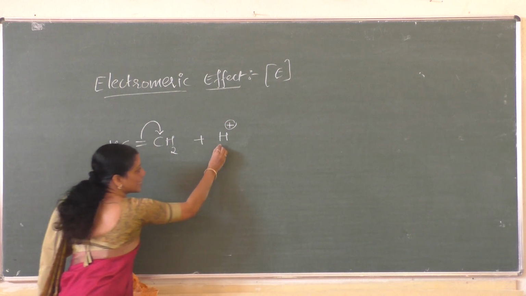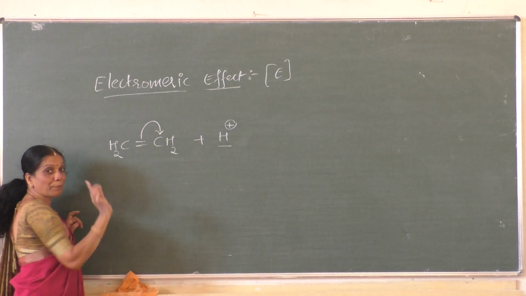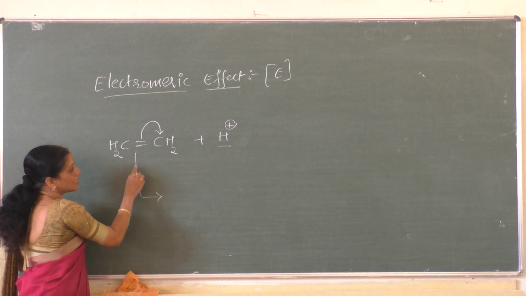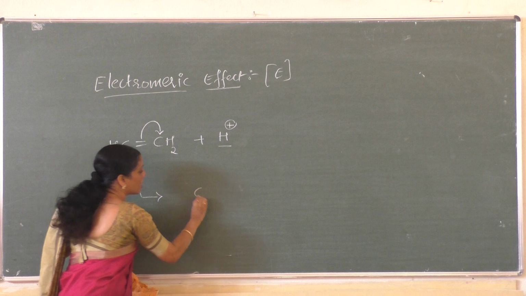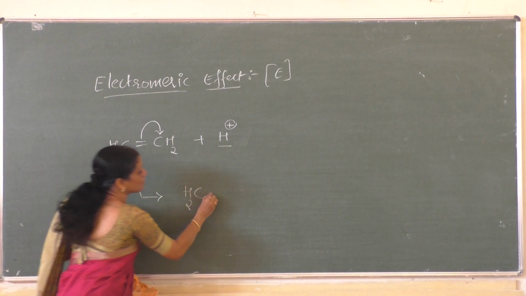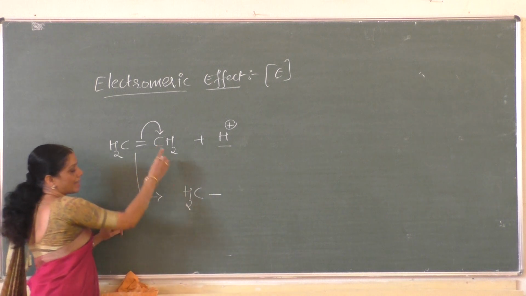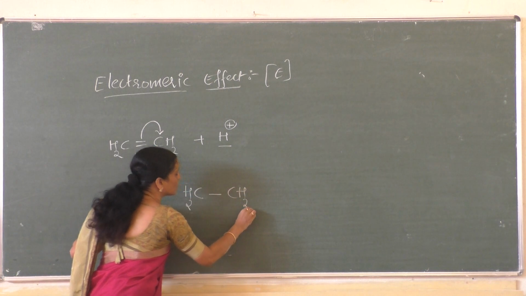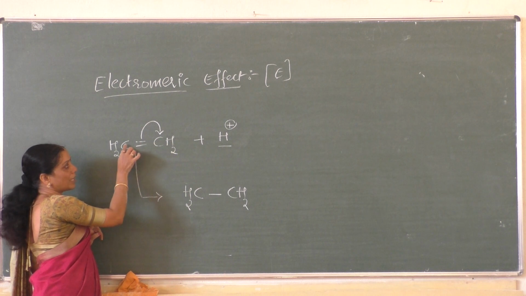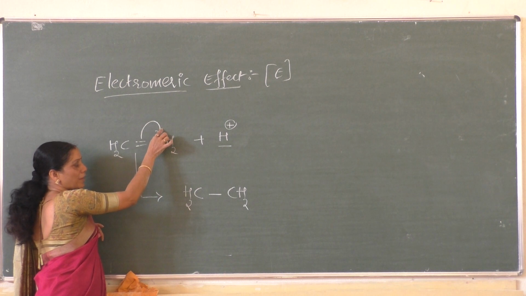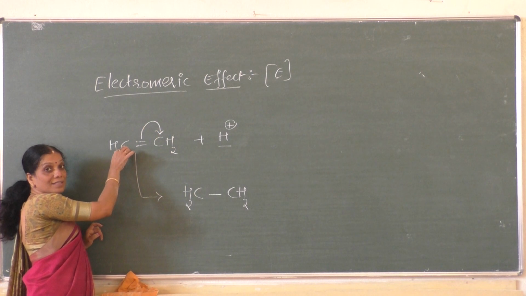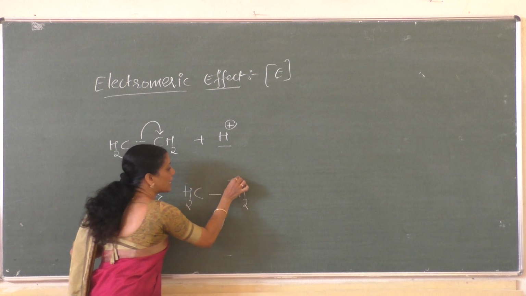When the attacking agent is ready, the effect occurs, a temporary effect only in its presence. What happens because of that effect? See, if I consider the shift to this carbon atom, listen here students, CH2, the double bond becomes a single bond. Next carbon atom, CH2, shift of electron to this carbon. It is a covalent bond, one electron of this, one electron of this. Once the shift takes place, one electron is of the same carbon atom, but along with that it gains one extra electron of this carbon atom, it becomes what?